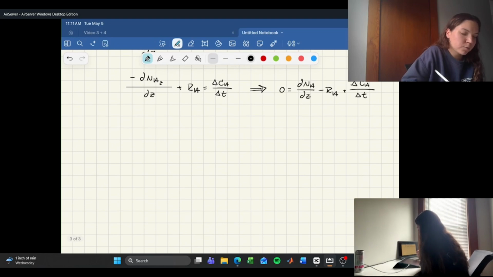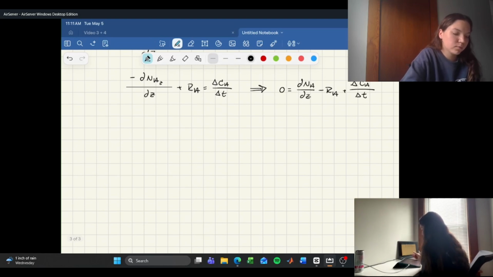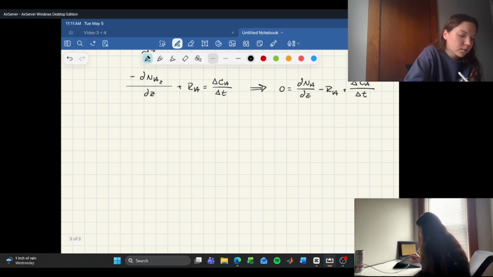And that's pretty much the same as this well-known equation, where it's the gradient dotted with the molar flux of A, minus the rate of accumulation, plus the change in concentration of A over the change in time.